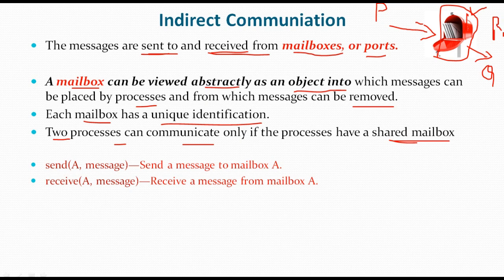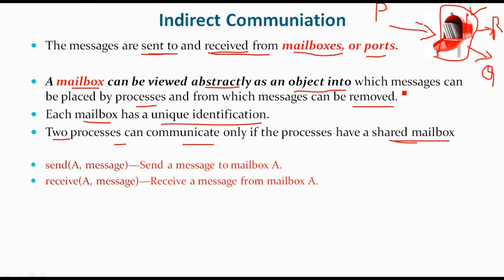R is also receiving a message from the mailbox, Q is also receiving a message from the mailbox, right? Only if the processes have a shared mailbox, means if this object is shareable, then this is possible. The two processes, R and Q, can receive the message.